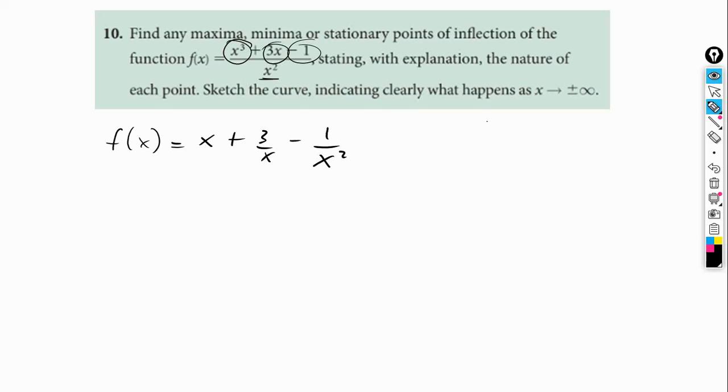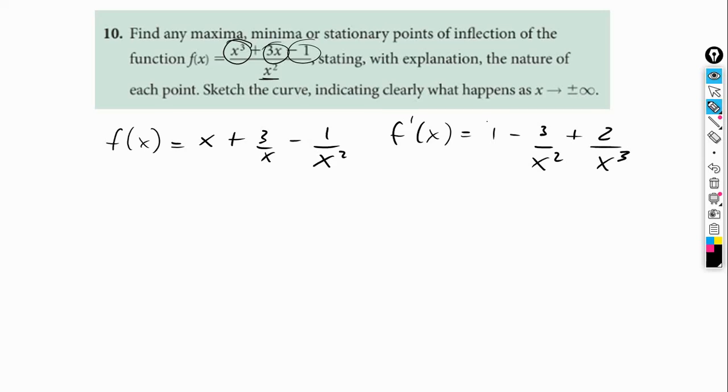And then it's much easier to find the derivative, because then the derivative would just equal 1 minus 3 over x squared plus, in this case, 2 over x cubed.